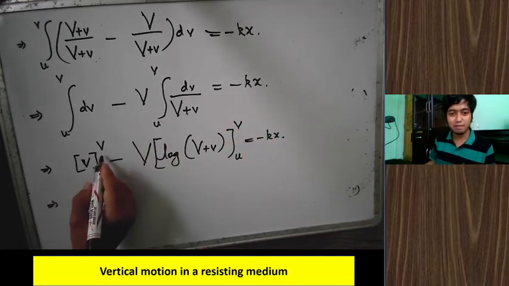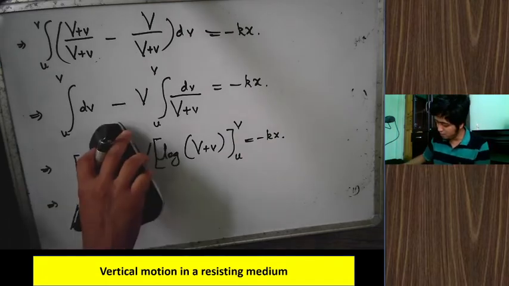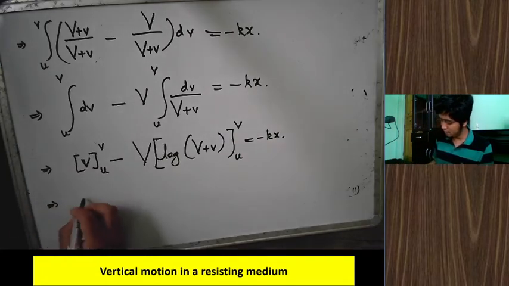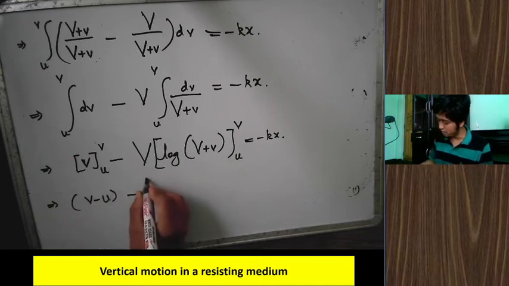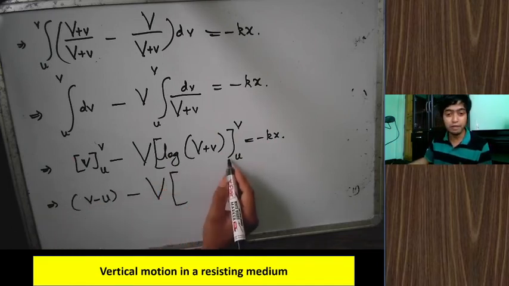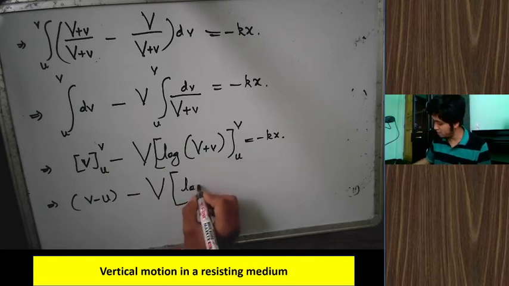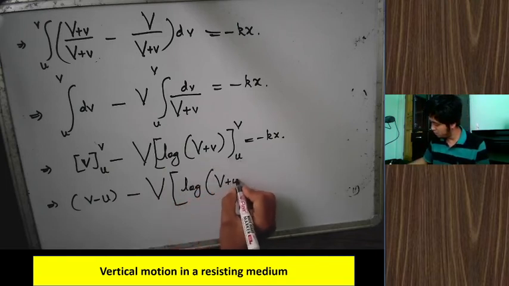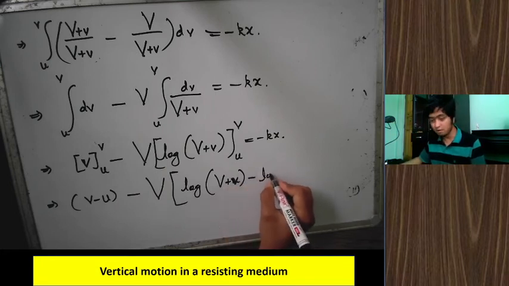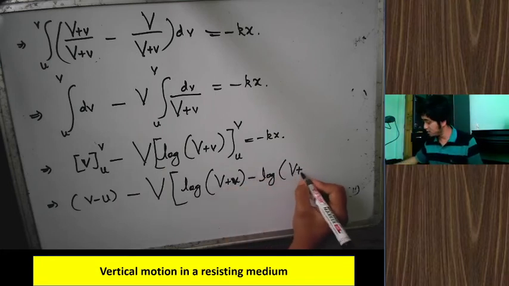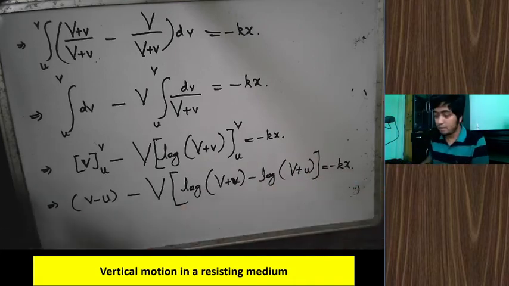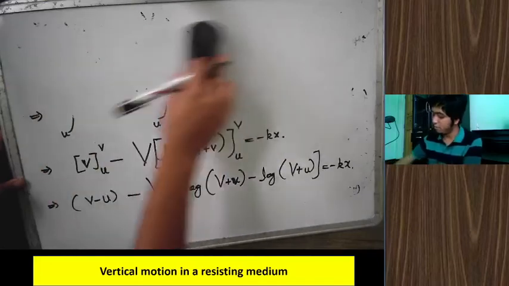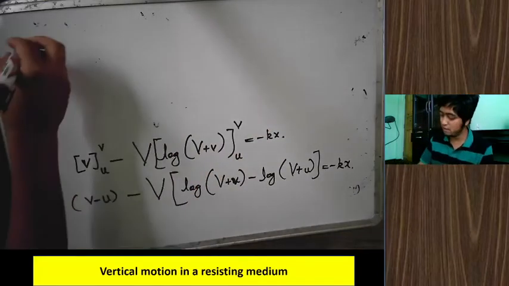Now we just substitute the limits. This one is small v minus u minus capital V, and over here we will substitute the limits: log of capital V plus small v minus log of capital V plus small u. Next, we will use the properties of logarithms.